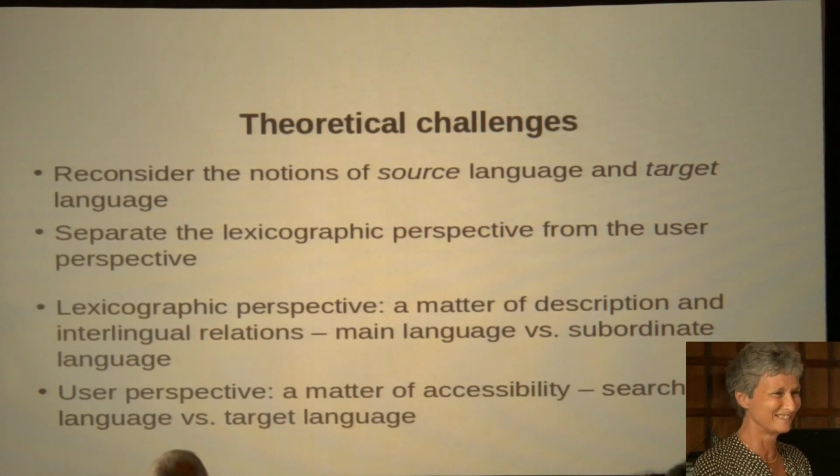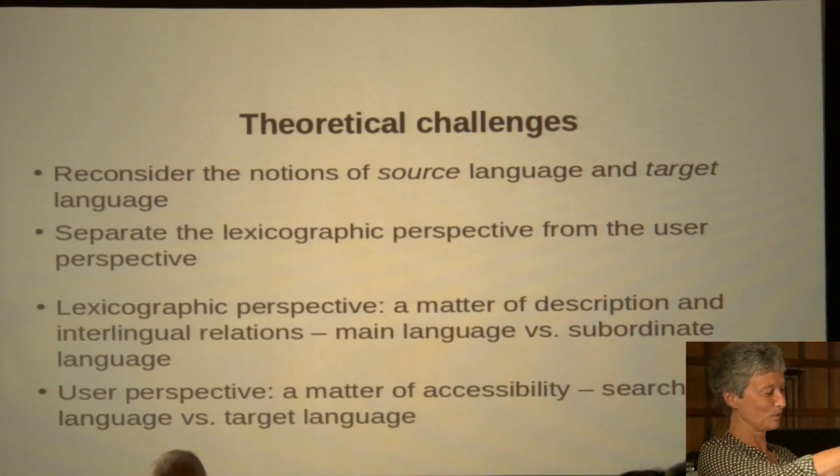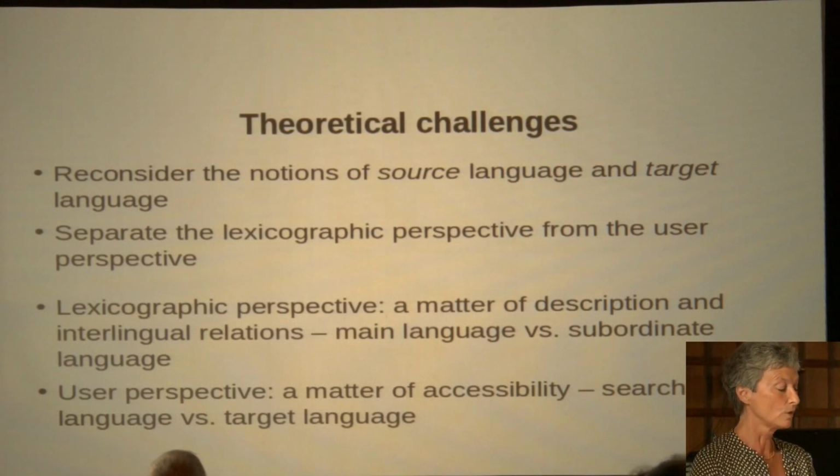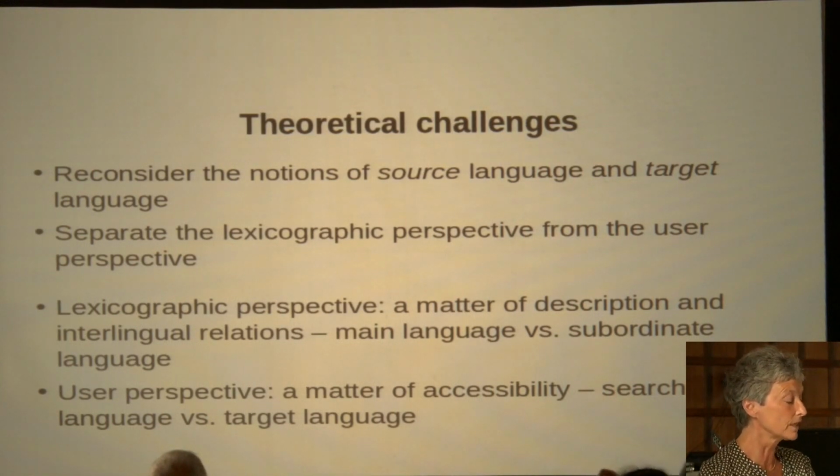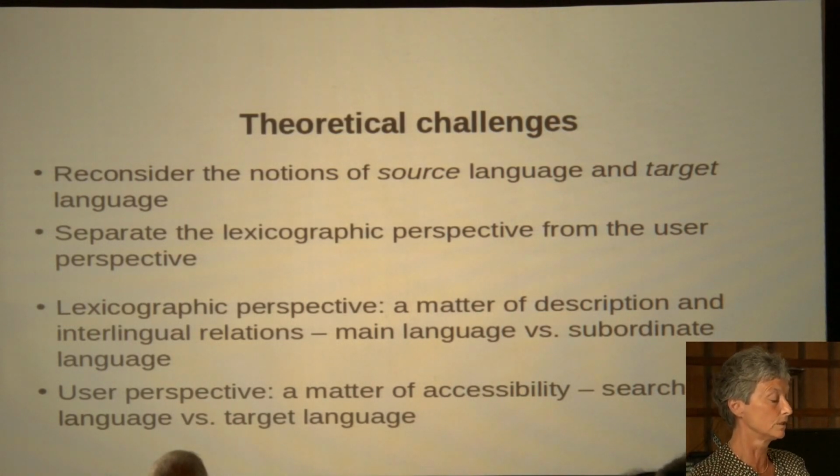The user perspective, on the other hand, is a matter of accessibility. To emphasize the distinction between the lexicographic perspective and the user perspective, the terms source language and target language should be relinquished and modified with respect to the perspective in question.